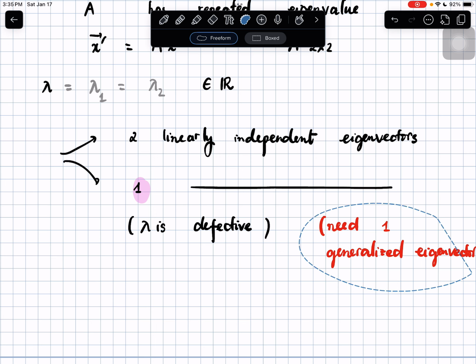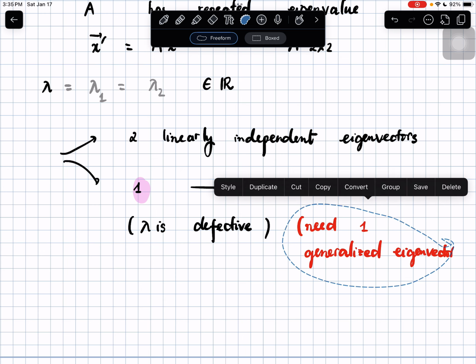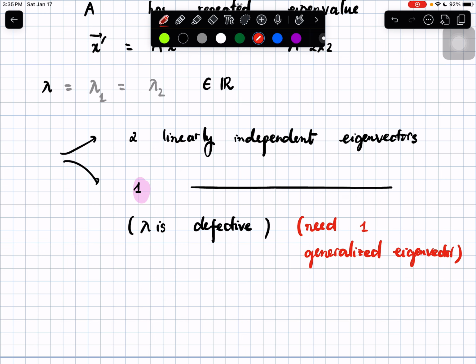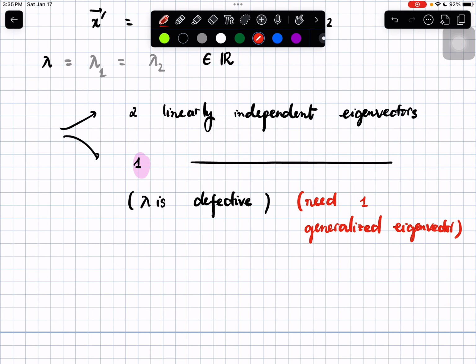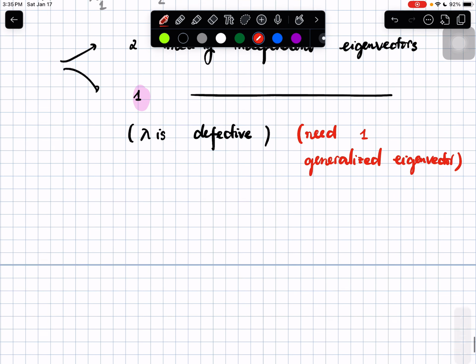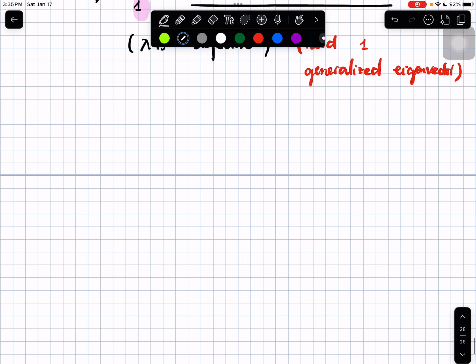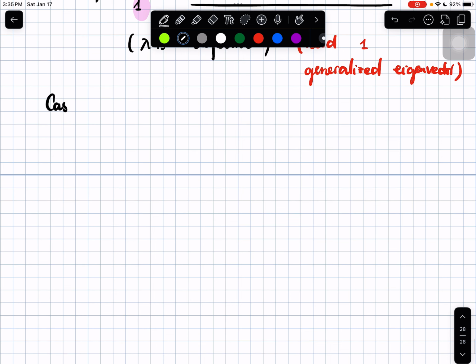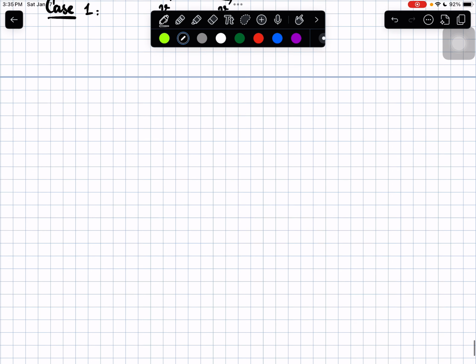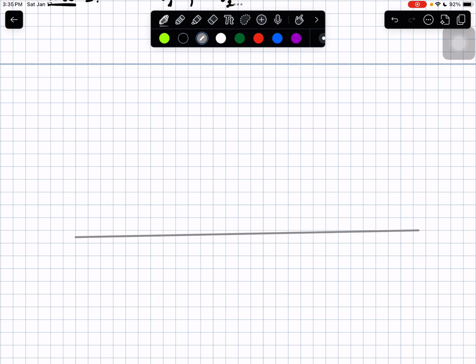So let's consider these two cases. The first case is where we have two independent eigenvectors, say v1 and v2. Here is the plane x1 x2.